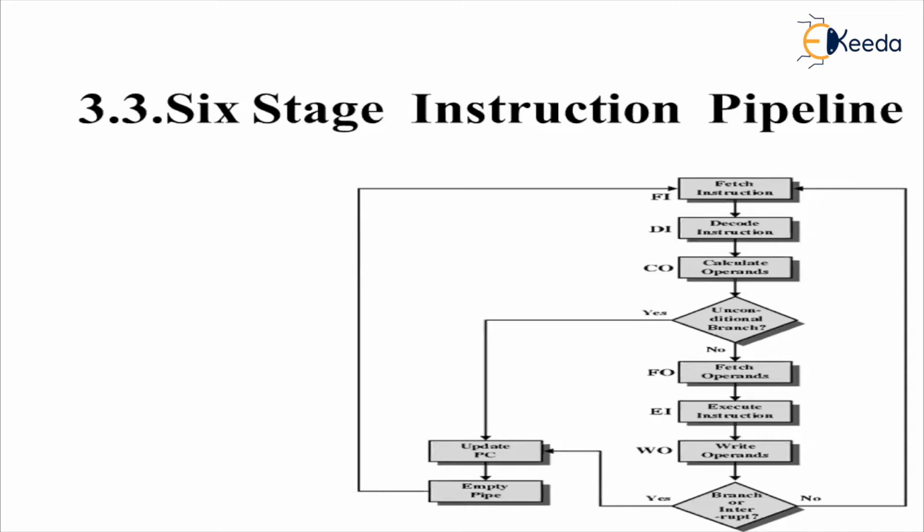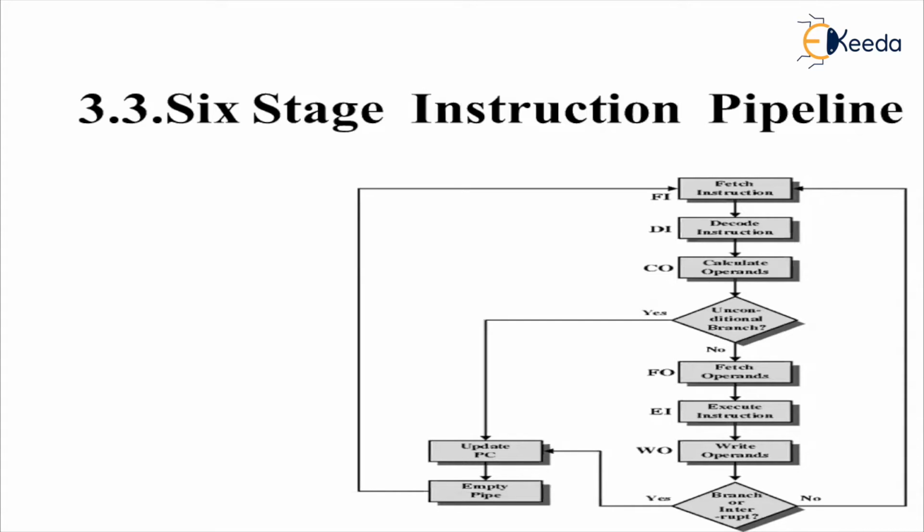Now, if we go in the flow of no, it will fetch the operands, execute the instruction, write the operands, and see whether some interrupt is there or not. Interrupts are a set of errors which come in a program abruptly. If there is some unexpected error coming into the program, there is a possibility that an interrupt will happen.